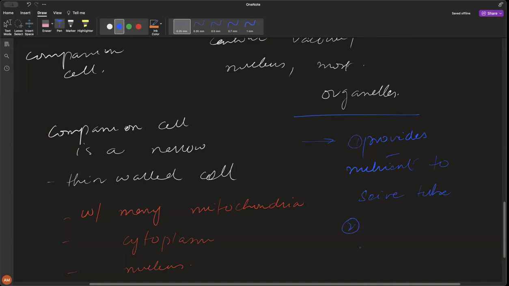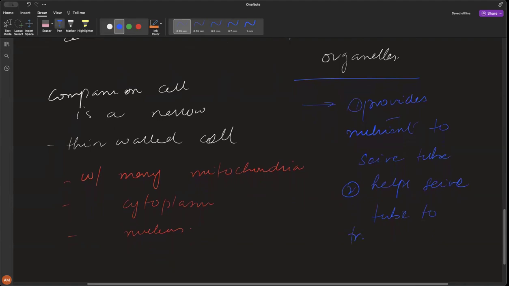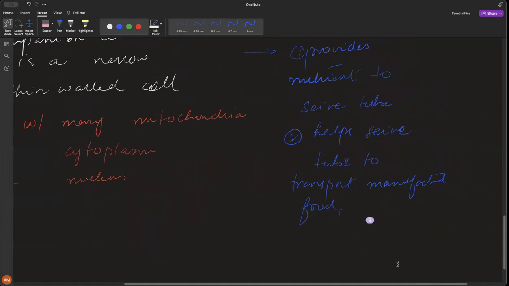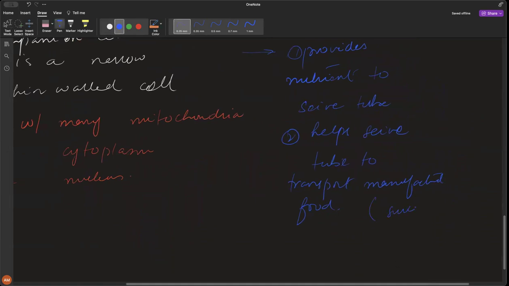Number two, it helps the sieve tube to transport manufactured food, the sucrose and the amino acids and everything. Is that clear?